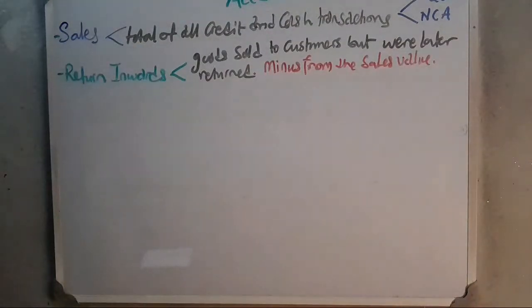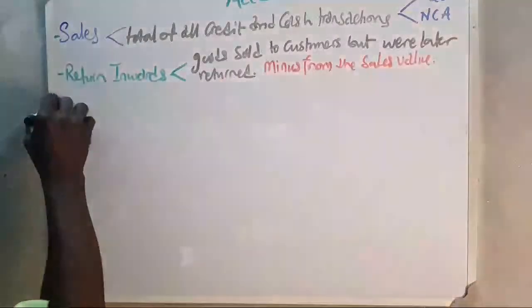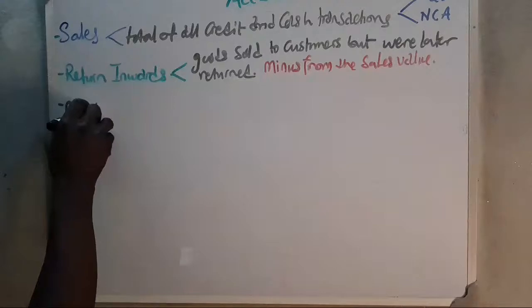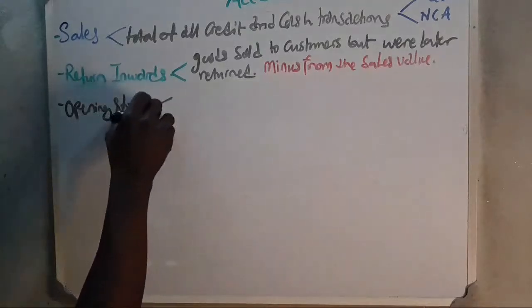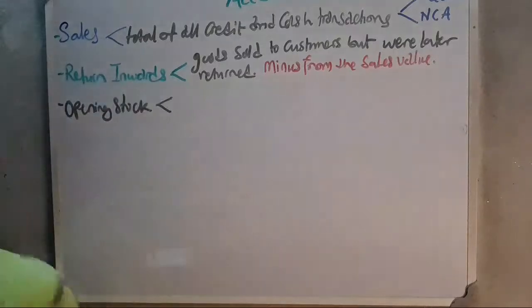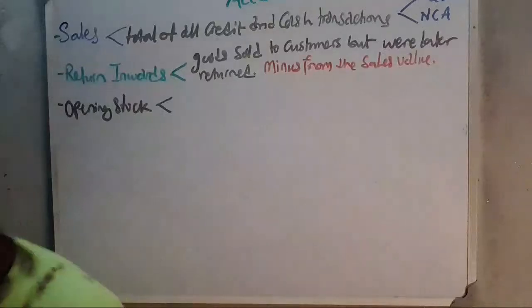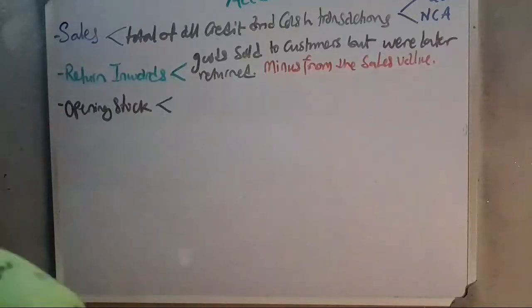Okay, so we have what is called opening stock. Now, when we say opening stock, what are we talking about? These are the value of stock of goods meant for sales that are available with the business at the beginning of the accounting period.